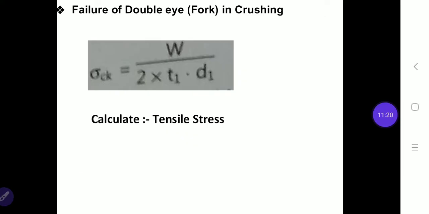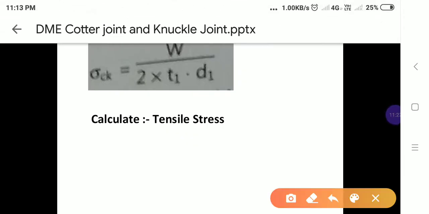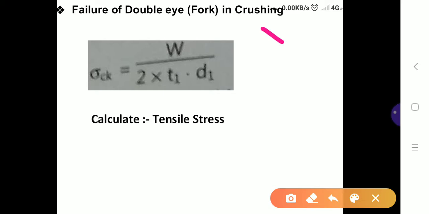Now the next step is failure of double eye under crushing. So crushing stress is represented here: sigma ck is equal to force upon area.